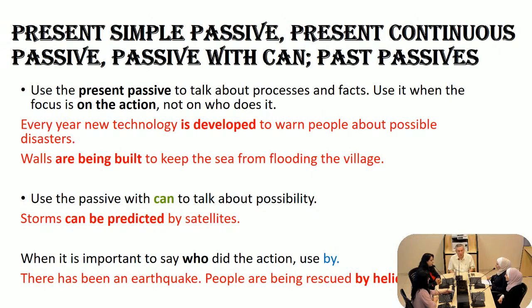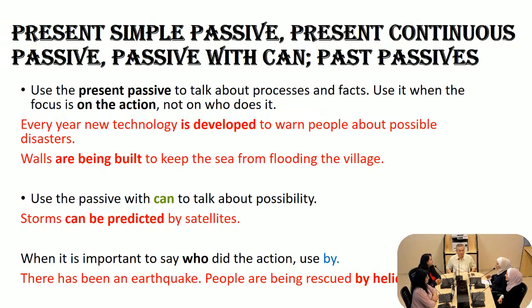Here it's the present continuous passive, and we use verb to be plus being plus the verb three. For the modal can: storms can be predicted by satellite. So here we put be after can, after the auxiliary verb.